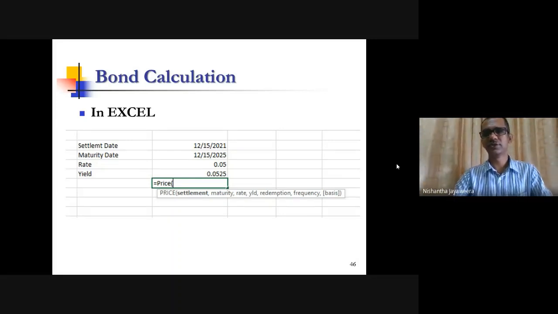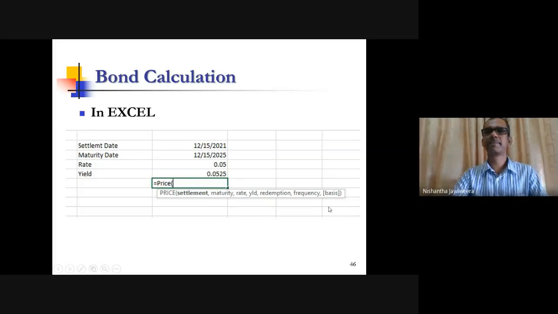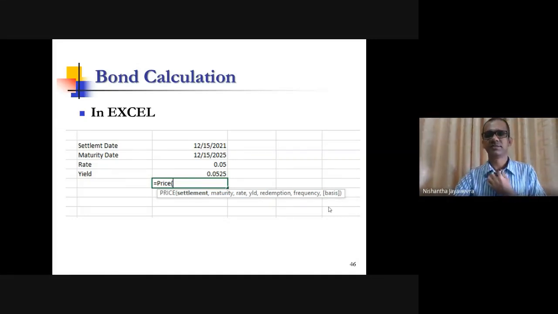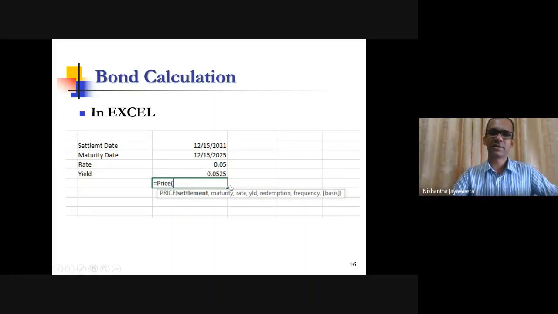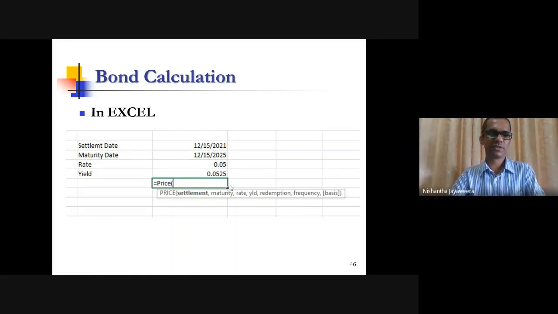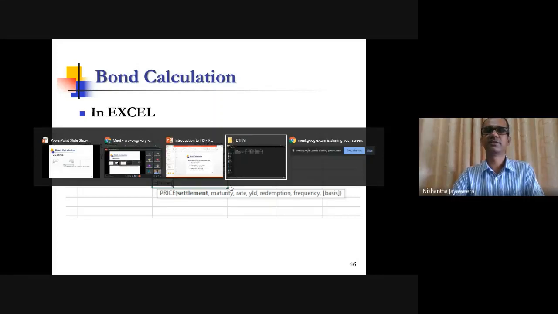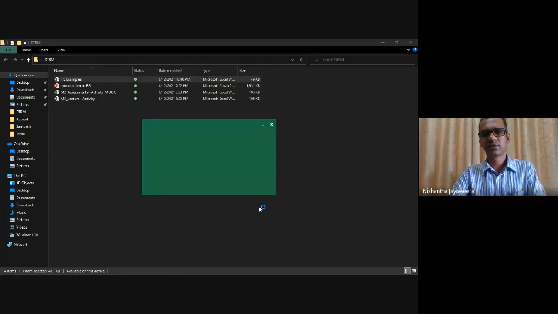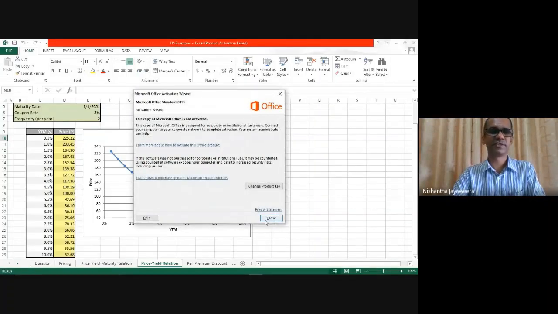So you can do these calculations for different day count basis. Then it will give you the answer. But remember, it is only for 100 face value. Price for 100 face value.